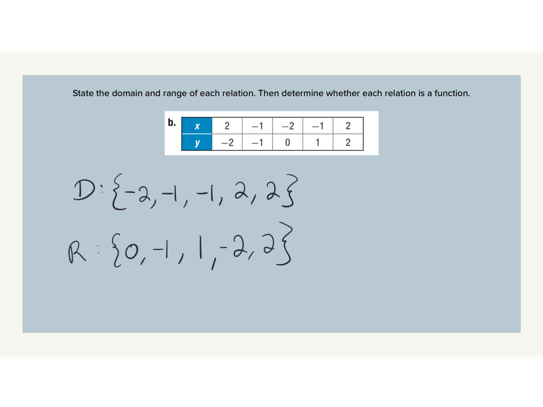Now, determine whether this relationship is a function. It is not a function. Again, this will be sufficient enough unless it says explain. Then the explanation would be the x values repeat.